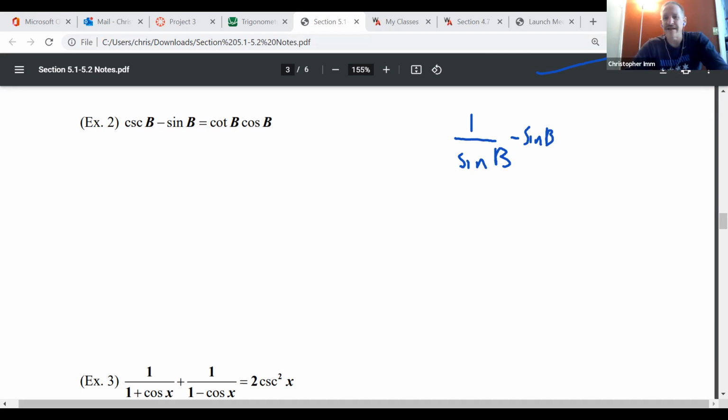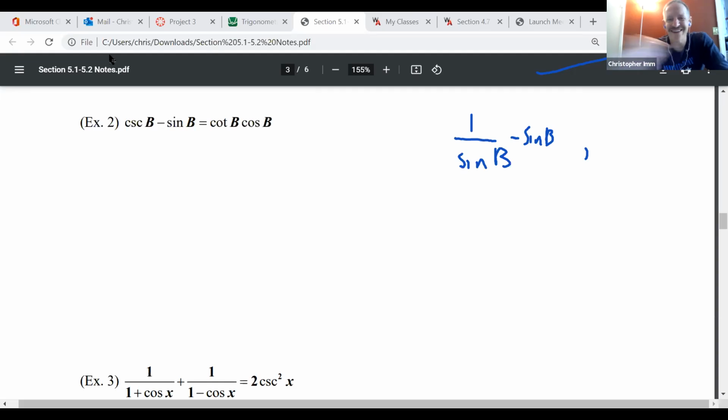And then what about the right-hand side there, Caleb? What would that be in terms of cosines and sines? 1 over cotangent and minus cosine b, right?